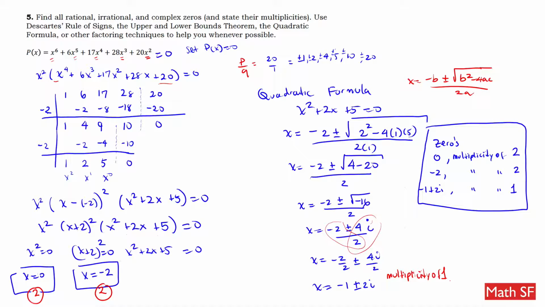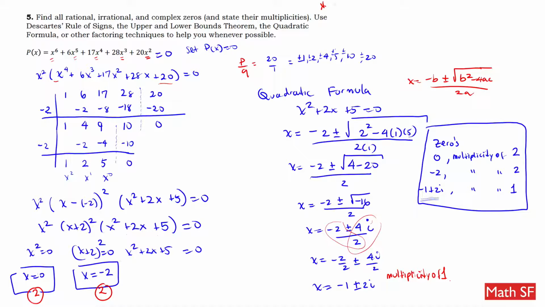Now, what if the professor asks you to write this in factored form? If they ask you to write this in factored form, then we must use these complex zeros. I have more space here, so this will be like a bonus problem. Write this in factored form now.